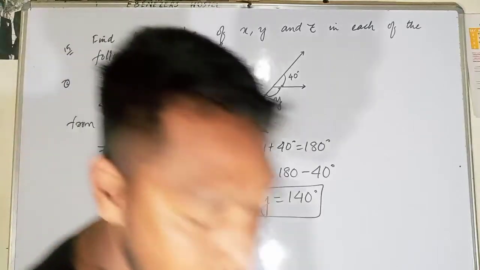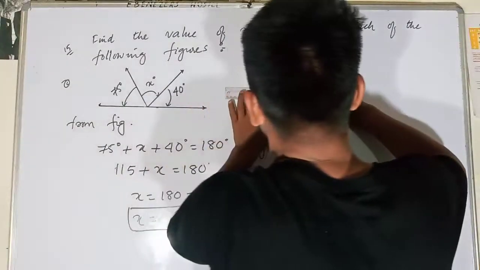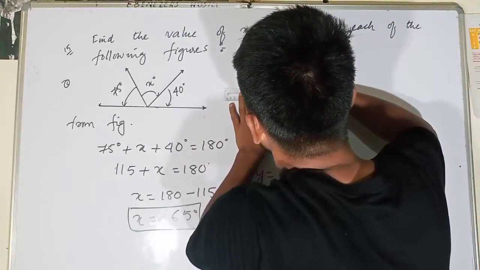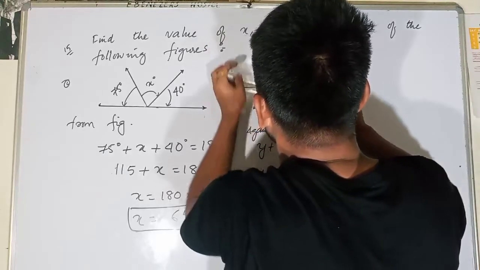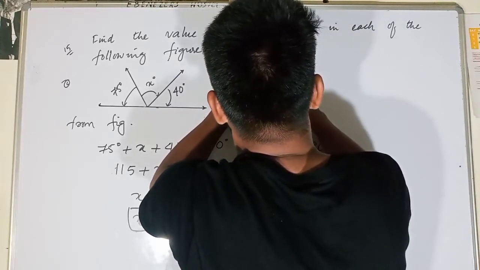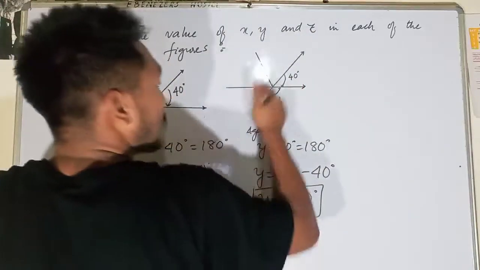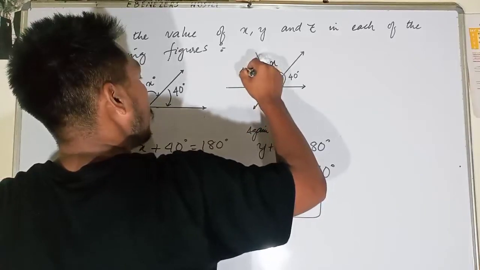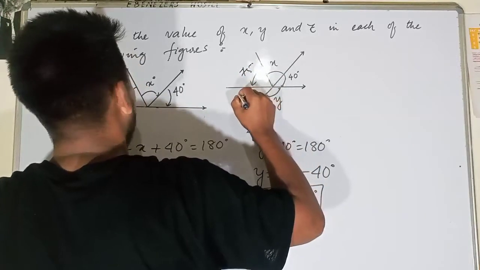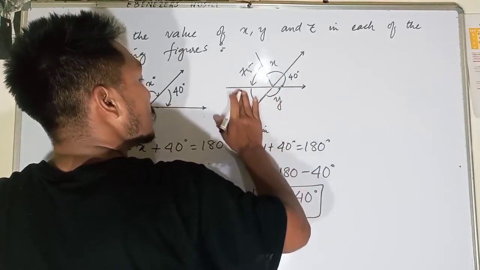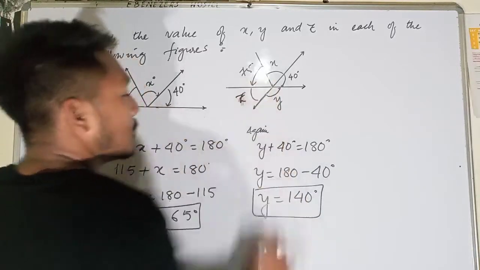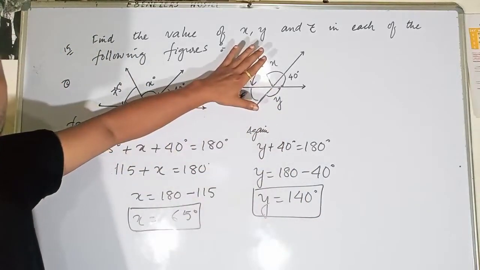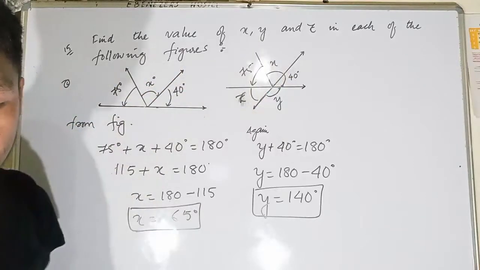Actually this is how your figure is. X, and this is 75, and this is y. This is z. So you see, this is how our figure is from the picture, from your question.